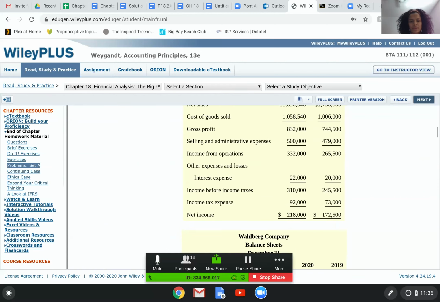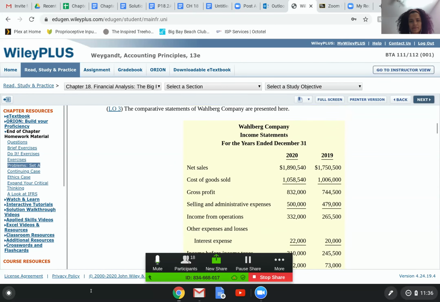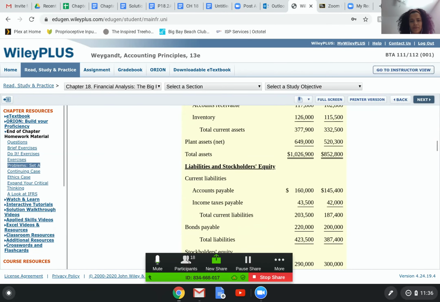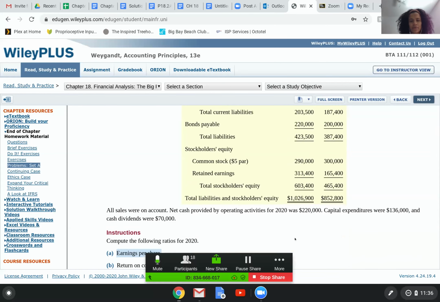We know what net income is, it's right here. But did they give us the number of shares? And you can see they did not. Nowhere does it tell you the number of shares. However, they do tell you that common stock is $290,000 and that the shares have a $5 par value. So can anybody guess how we might be able to get to the number of shares?